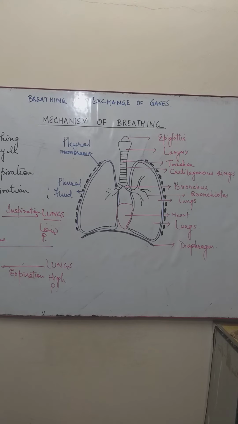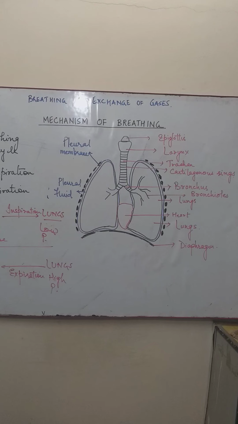Now when we say the mechanism, therefore, is brought about by the movement of the diaphragm and the intercostal muscles, as a result of which the volume of the thoracic cavity increases or decreases, thereby causing a decrease or increase in the intrapulmonary pressure or the gradient, and this causes the movement of the air in and out of the lungs.